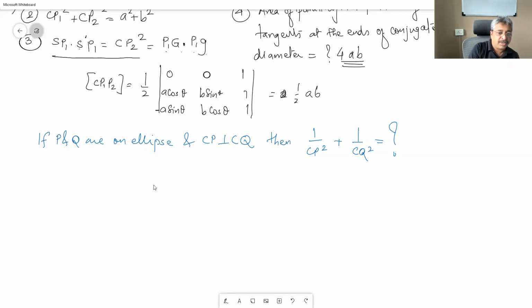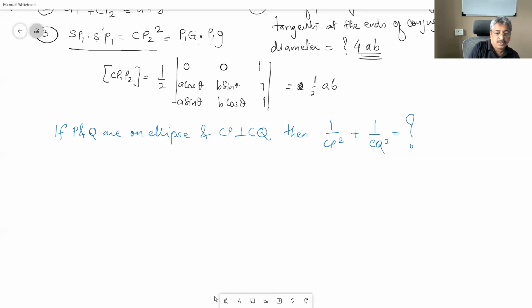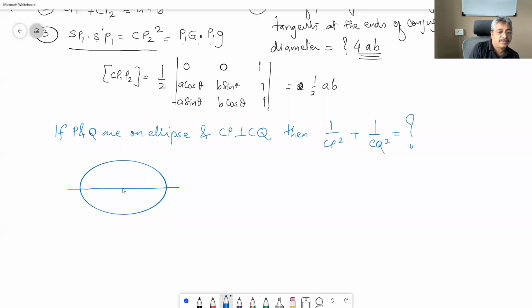Okay, let us do it by the y is equal to mx method. We have an ellipse with center 0, 0, and a point P, where the equation of CP is y is equal to mx.